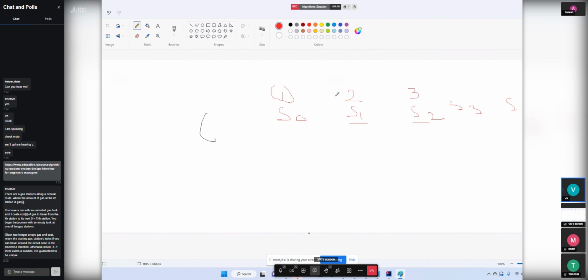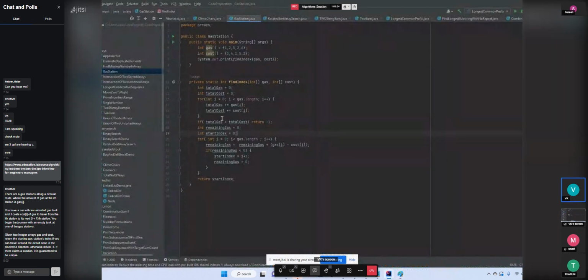Gallons is nothing but petrol, liters: 1 liter, 2 liters, 3 liters. But in order to go from here to here, how much do I need? I think 3, right? Three. So what I'm trying to do is, I have initialized two variables.